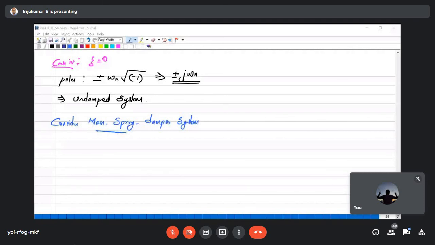So what is omega n square? Omega n square is k by m. From this, the natural frequency is root k by m. How will you find zeta? 2 zeta omega n equal to b by m.